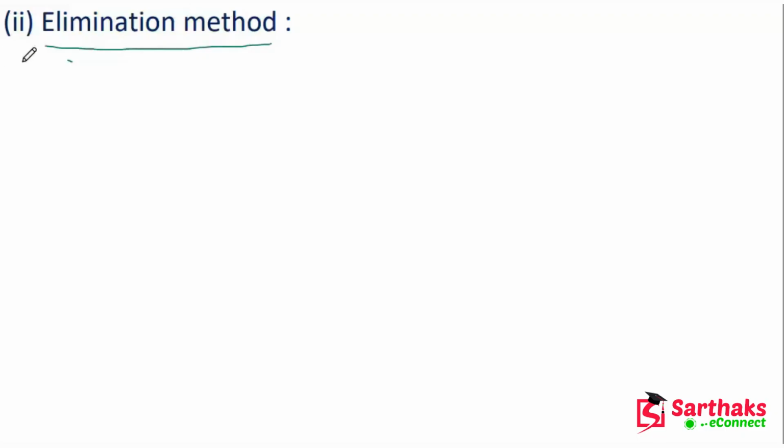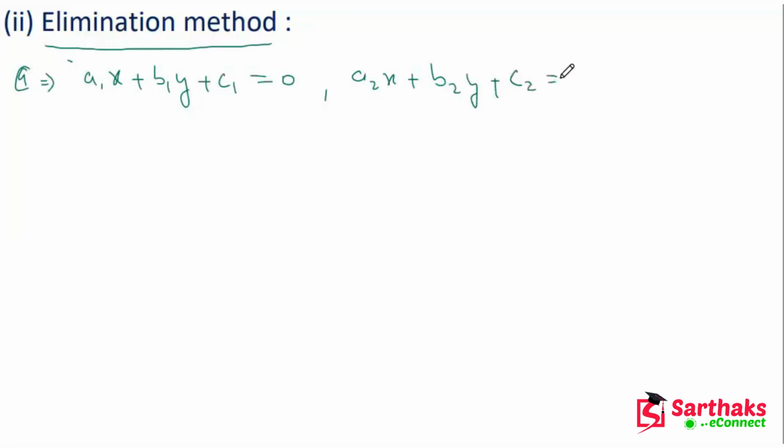First step: suppose we have two equations, a1x plus b1y plus c1 equals 0, and a2x plus b2y plus c2 equals 0. First, multiply both equations by a suitable non-zero constant to make the coefficient of one variable, either x or y, numerically equal.